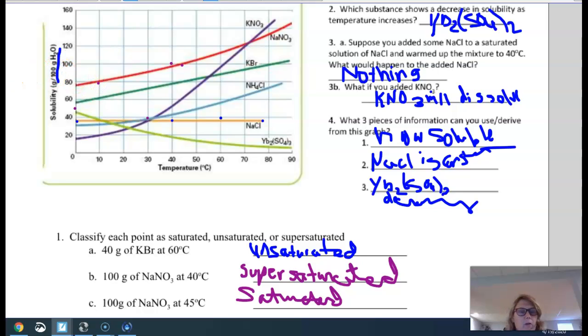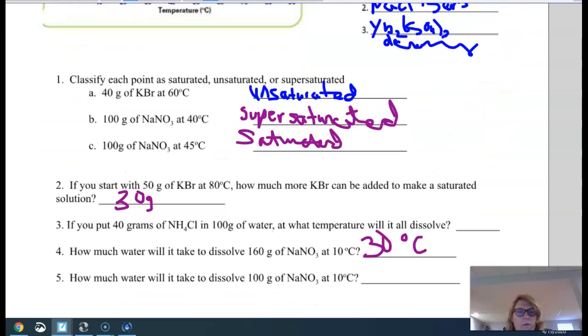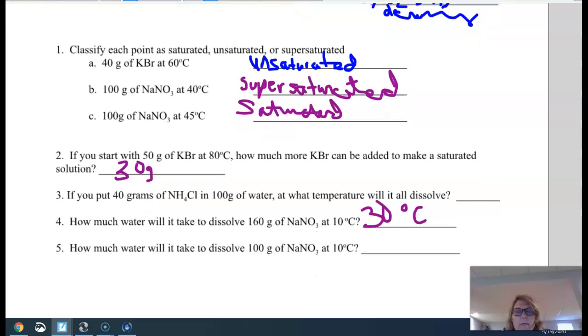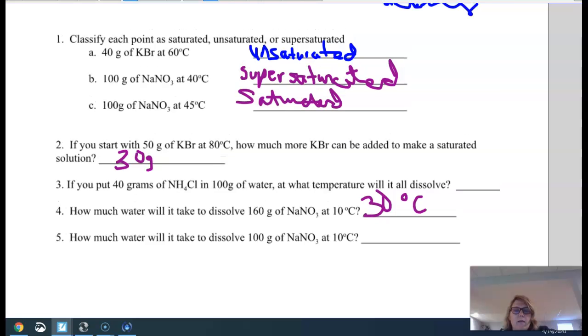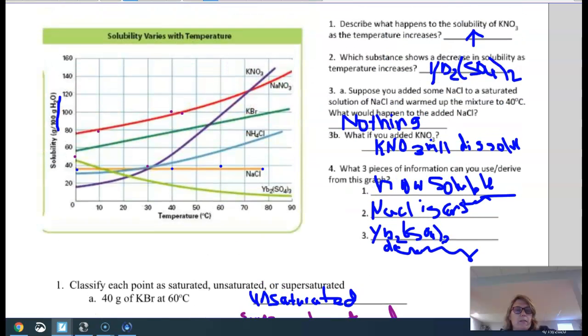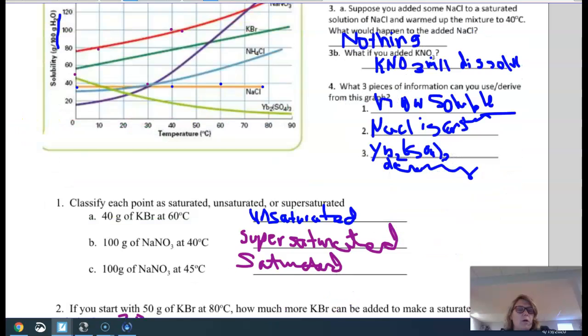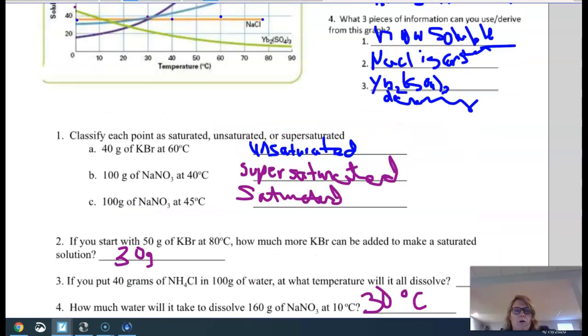And if I go back and look at the question, because I do not remember what it said, how much water will it take to dissolve 100 grams at 10 degrees Celsius? It will take 200 grams of water to dissolve 100 grams.